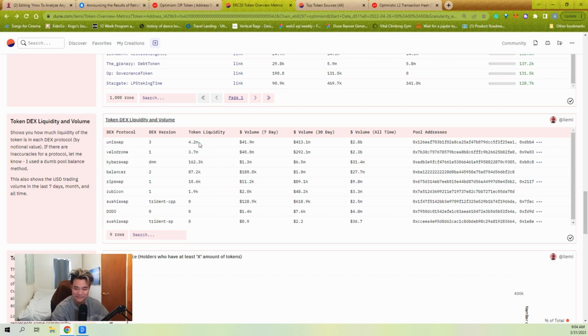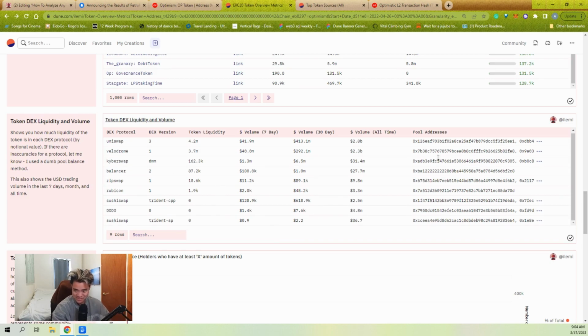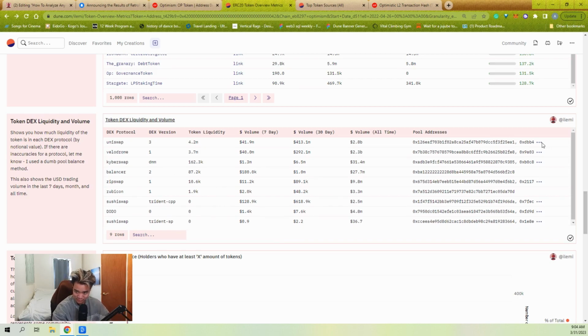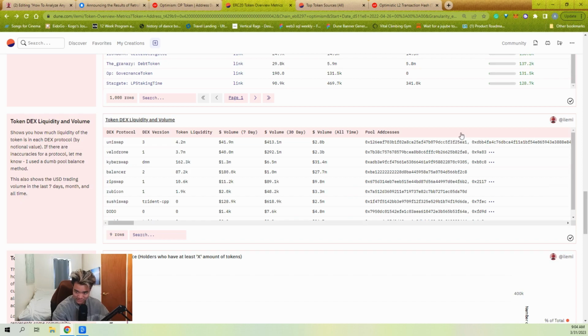There's a tiny difference in liquidity of tokens. This is notional, right? So this is 3.7 million OP tokens are in Velodrome, but the trading volume is almost basically the same. So there's probably some incentives or farming going on here, just given how big the difference is between these two and the others. But it's just good to know if you're interested in the specific pool addresses, you can put these into Optimism scan as well.